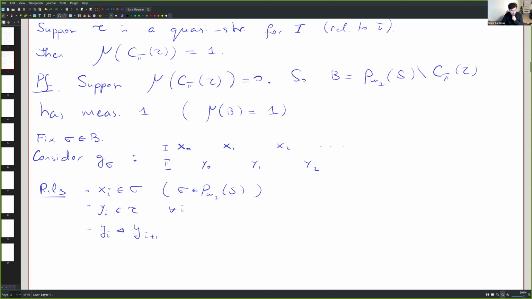And then, of course, the other rule is that, again for every i, xi has to belong to the set of reals that 2 has produced.